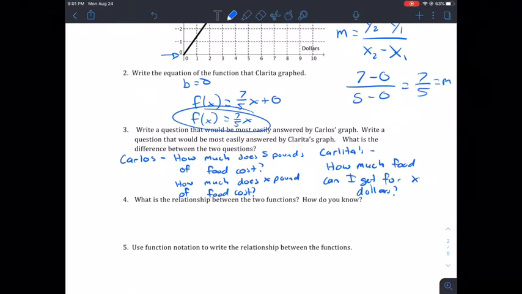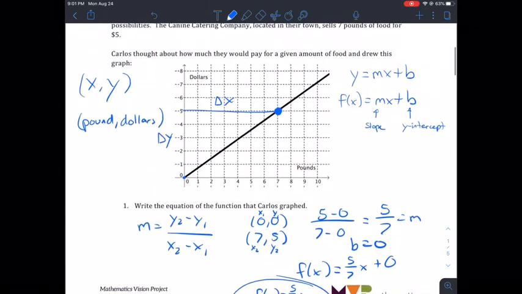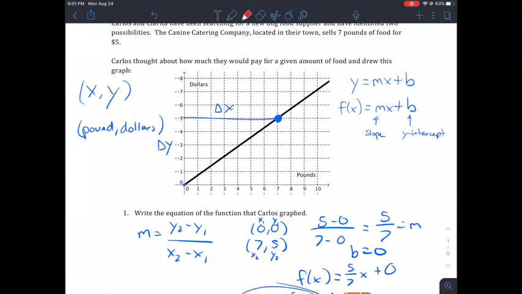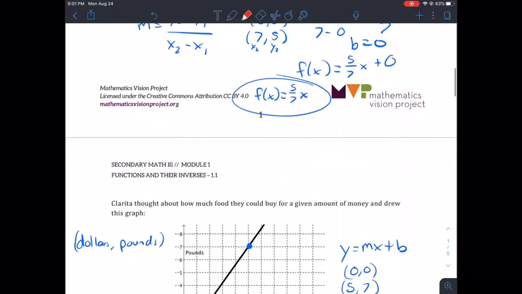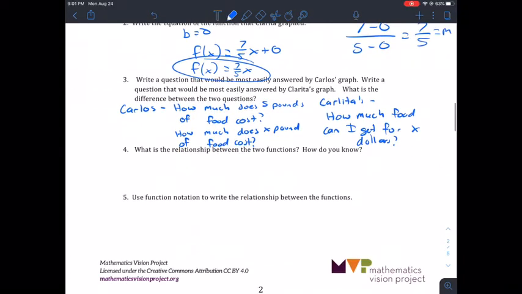So next, it says, what is the relationship between the two functions and how do you know? So what I want to do is let's look at the input and the output. So for Carlos's graph, our input is pounds and our output is dollars. For Carlita's graph, our input is dollars and our output is pounds. Okay? So let's go ahead and write that down. So for Carlos, I'm just going to put a C. We had our input was pounds.